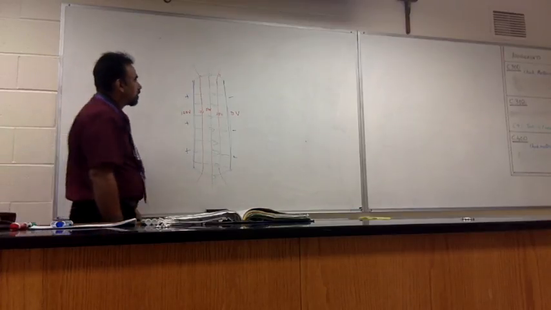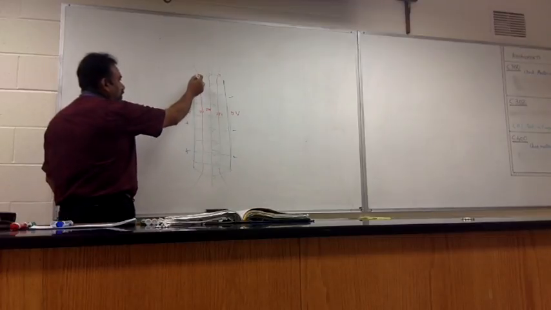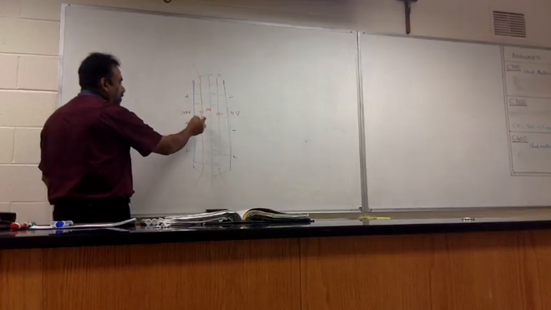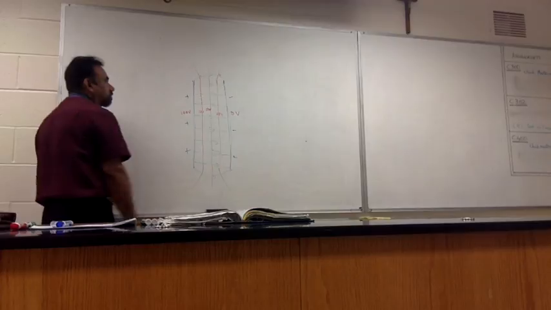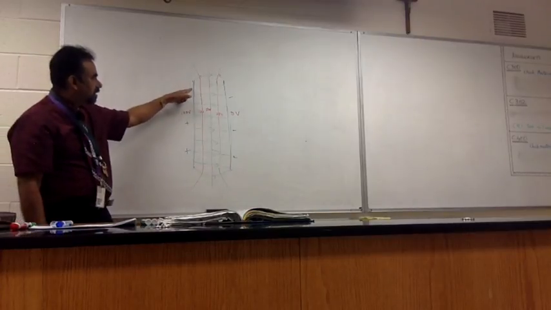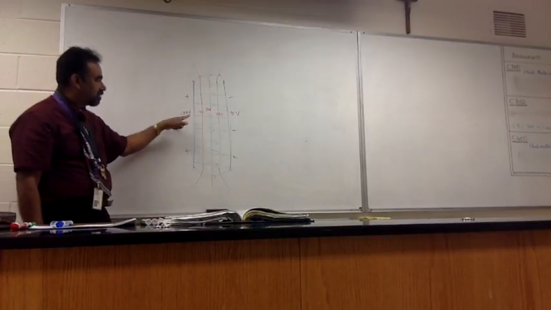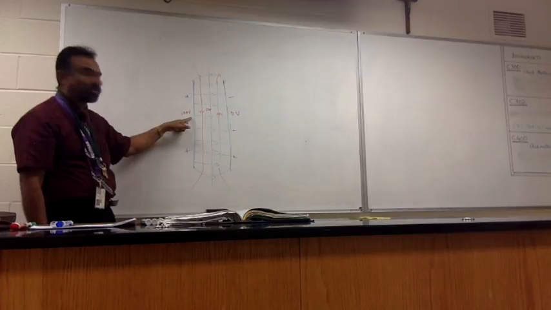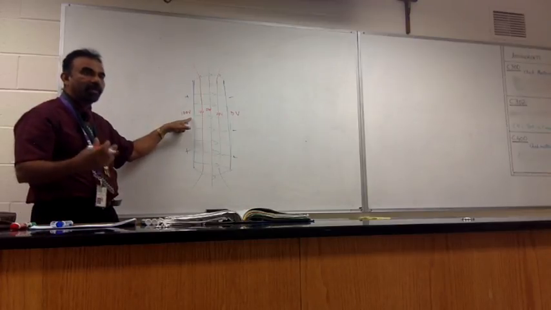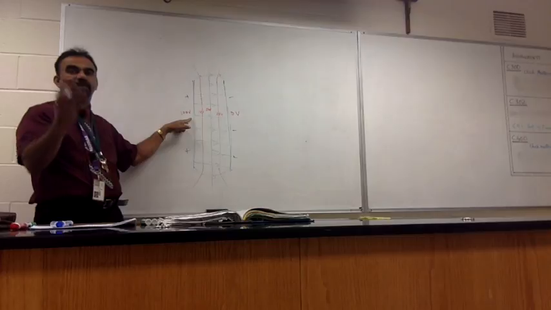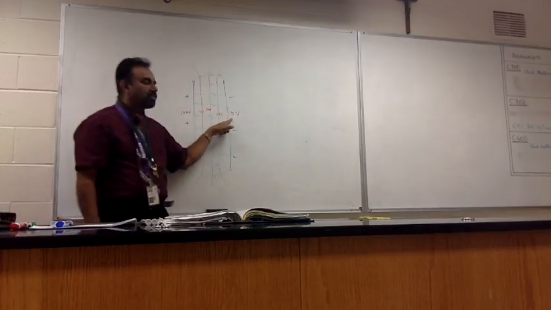So those are the equipotential lines. And if there is one here, then it's going to have a higher potential, and it's going to go like this. This blue line that you see here, which is the plate on this side, is at an equipotential of 100 volts. And this one is at 0 volts.